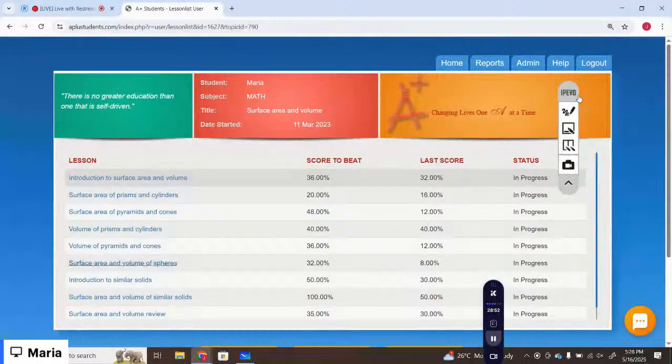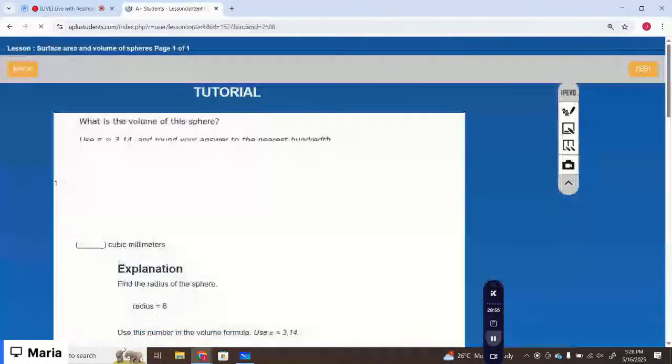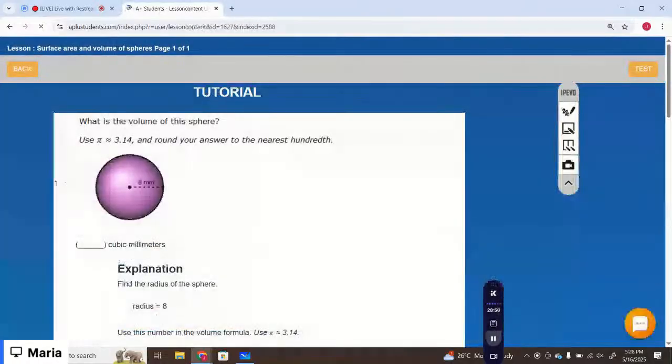The next lesson is surface area and volume of sphere.